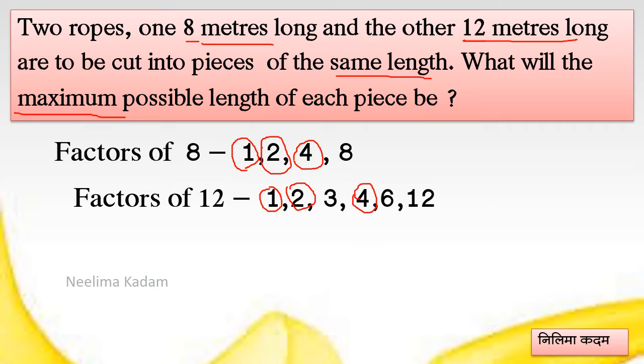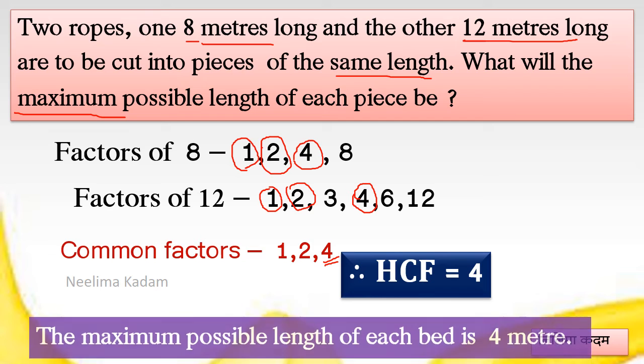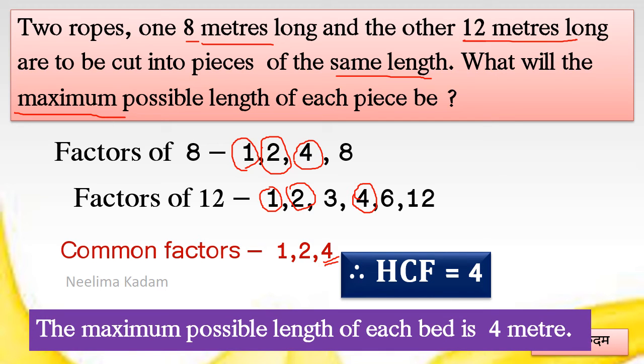Now these are the common. Common factors are 1, 2 and 4. Out of these, 4 is the highest one and therefore HCF is equal to 4, and the answer will be the maximum possible length of each piece will be 4 meter.